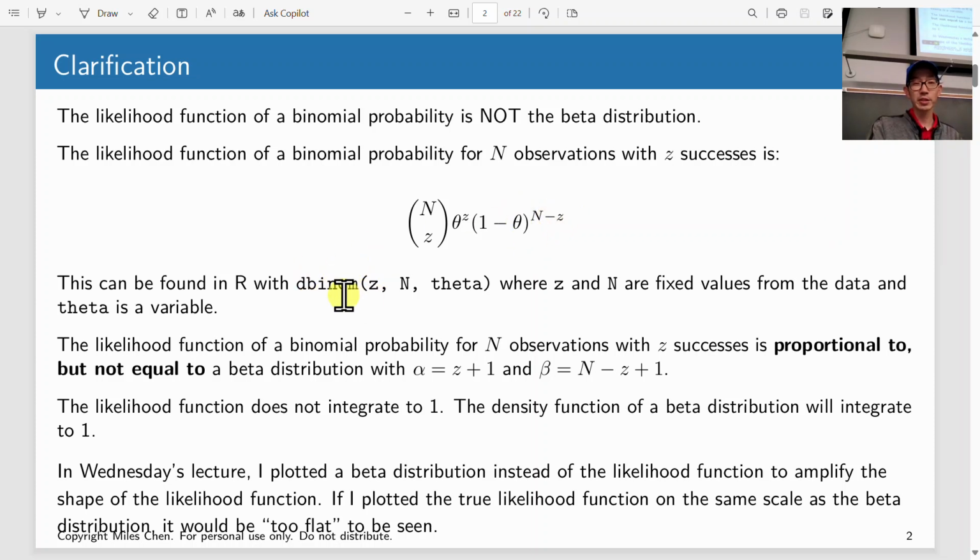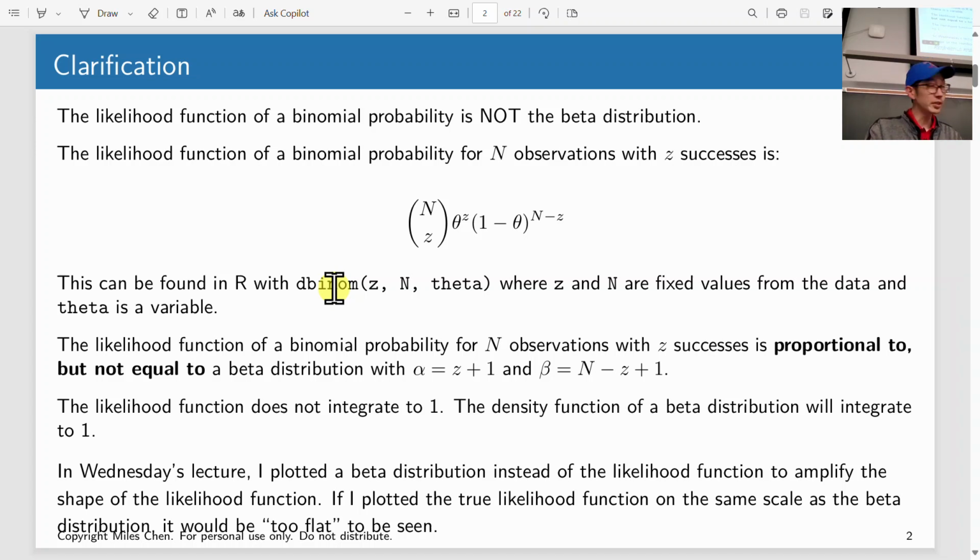You can do this calculation using dbinom. The d stands for density, and if it's a continuous function, it is the density. But for discrete distributions, which is the case for the binomial, it would be a mass. So this is your probability mass function, okay?